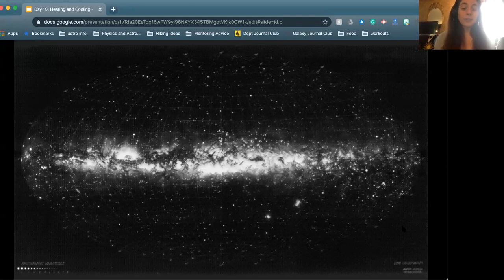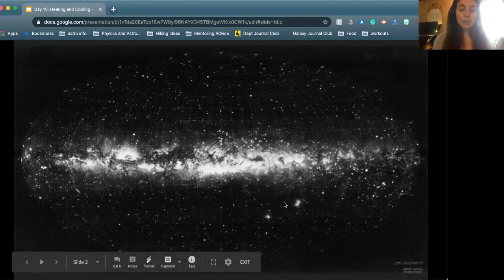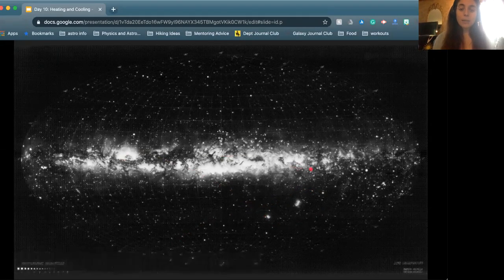There are 7,000 hand drawn stars that Lundmark drew on this image. Just really impressive what people were doing before there were cameras, and you can see the large and small Magellanic clouds down here and the band in the Milky Way, which weren't individual stars but a dust band that he drew in. So anyways, just something I thought was cool and wanted to share.